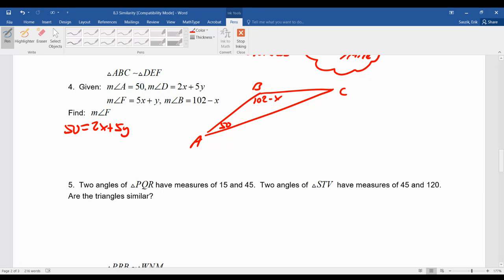We're told that angle B is 102 minus x, and we're told that angle F is 5x plus y. But remember, F is congruent to C. So there's the other equation that we're going to go ahead and set up now.